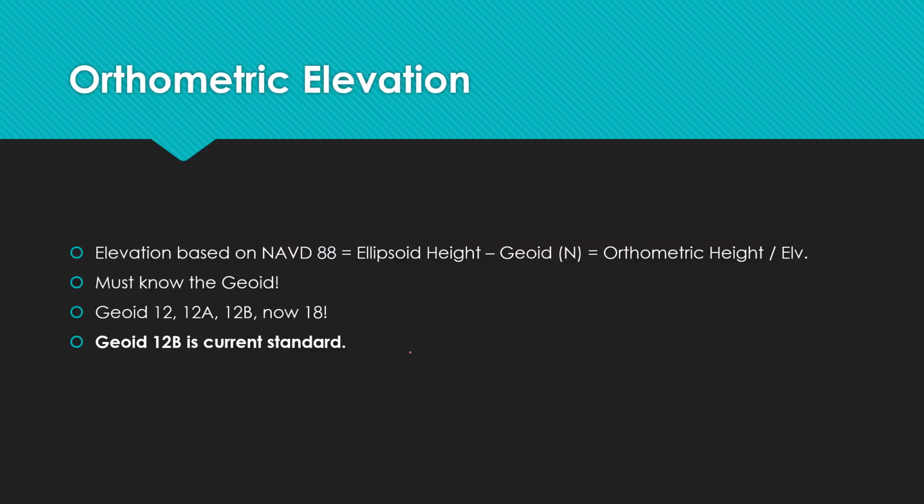All right, so let's review. Orthometric elevation is what we want to calculate for elevation. It's based off of this North American vertical datum. And when we go in to calculate it from GPS equipment, we get an ellipsoid height from the GPS. How high are we above that smooth, mathematical model of mean surface elevation of the ocean?